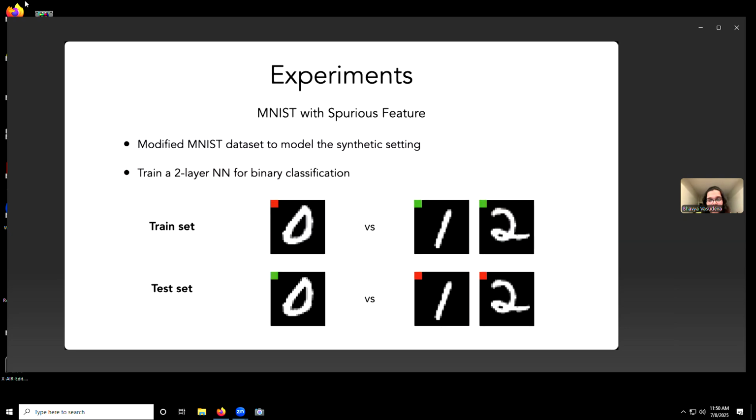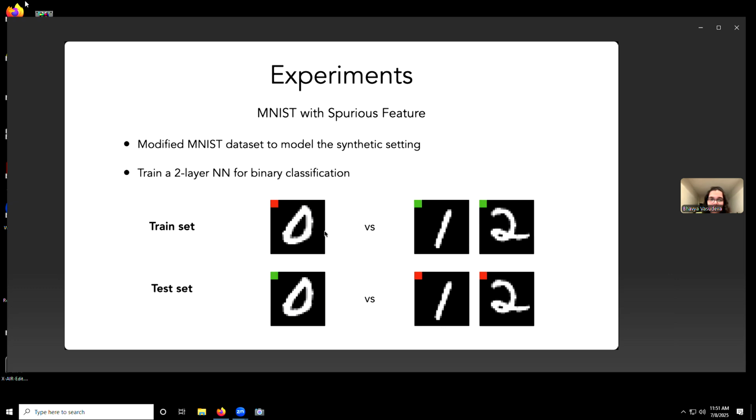Now moving on to the experimental results. The first setting that we consider is a modified version of MNIST with a spurious feature, which models the synthetic data that we just looked at. And we train a two-layer neural network for binary classification.